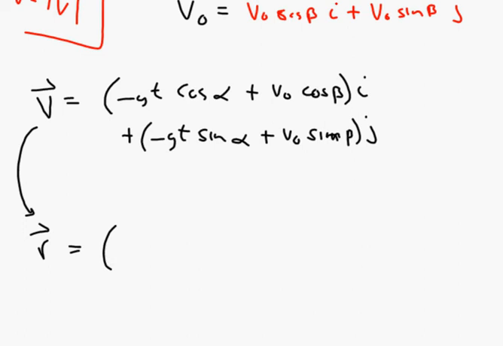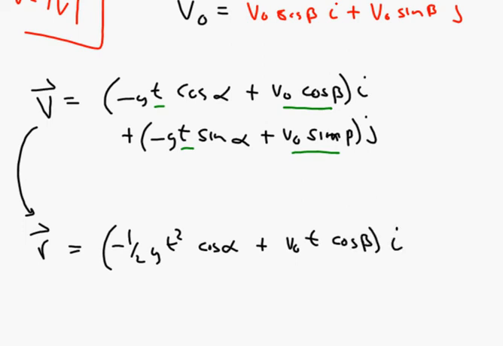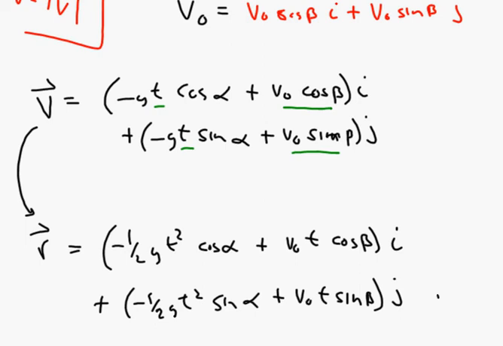And this is going to be, so now we're integrating with respect to t, so keep that in mind. t is our variable here. So here it is, that's a t. These guys are constants with respect to t. So here we go. Negative a half gt squared cosine alpha plus v0t cosine beta i plus negative a half gt squared sine alpha plus v0t sine beta j plus some r0, some initial vector.